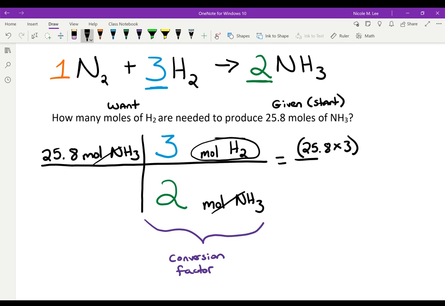And then you're going to divide that by 2, because remember, as you go left to right across the grid, you multiply, and then you always divide the top by the bottom. So what do you end up getting when you do that math? You get 38.7 moles of H2.